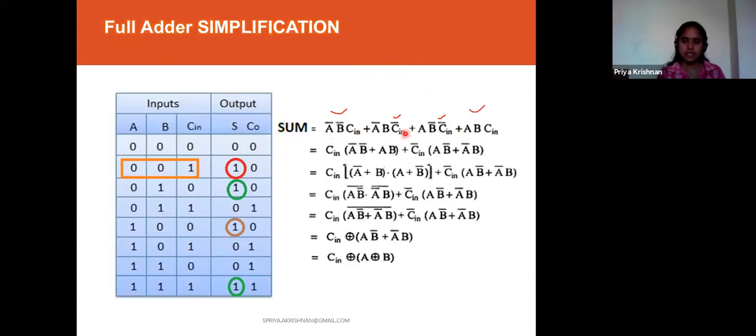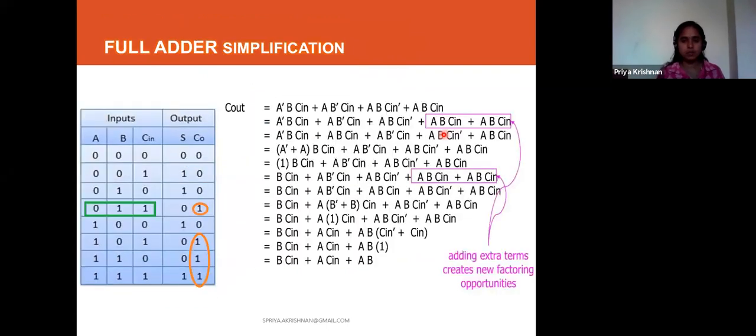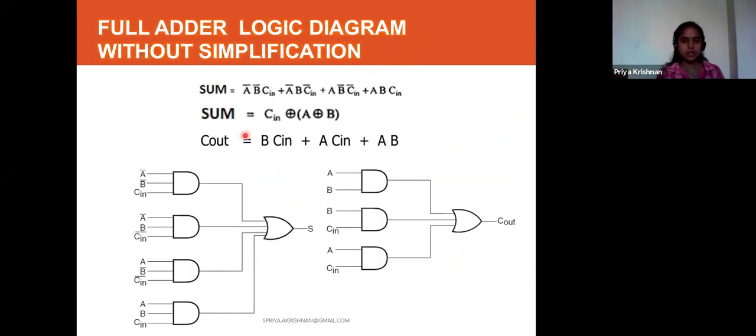If I simplify this, I get this one. But without simplifying, whatever I have here, I just implemented with the logic gates. So just see the hardware now. How many gates are there for generating sum alone? 1, 2, 3, 4 and then 5 gates for sum alone.